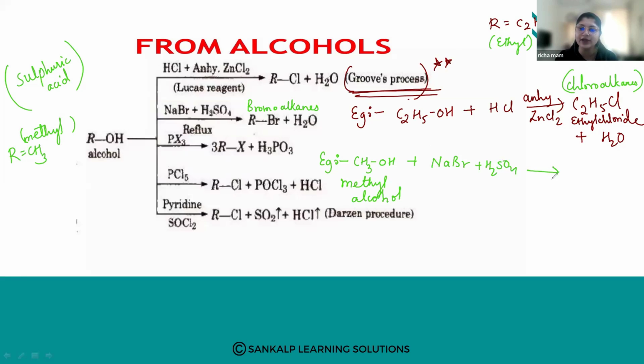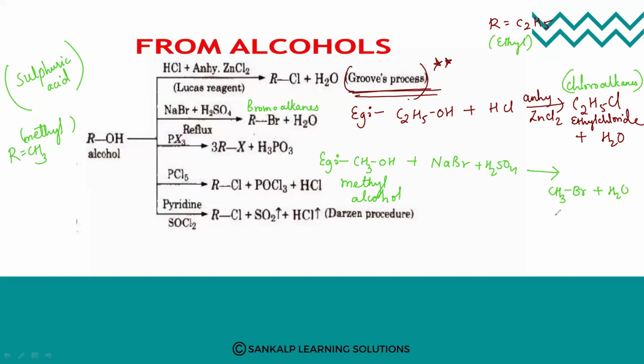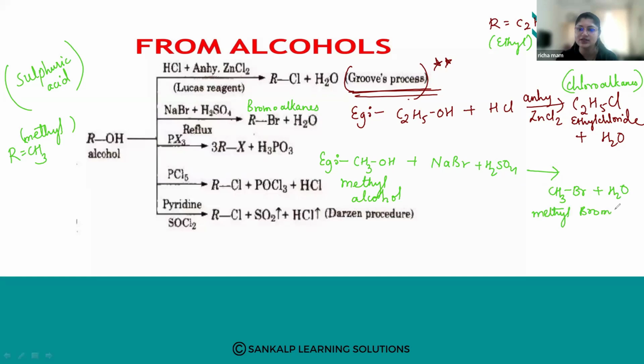Students, can you tell me what the product obtained will be? Methyl bromide plus water. So this is methyl bromide plus water. So this is the second method of preparation.